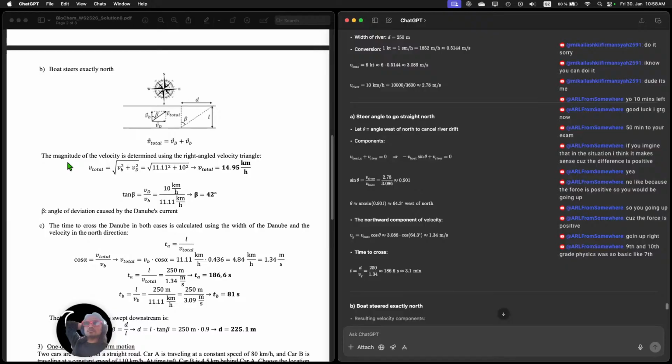That's how much the boat is gonna deviate from the normal.